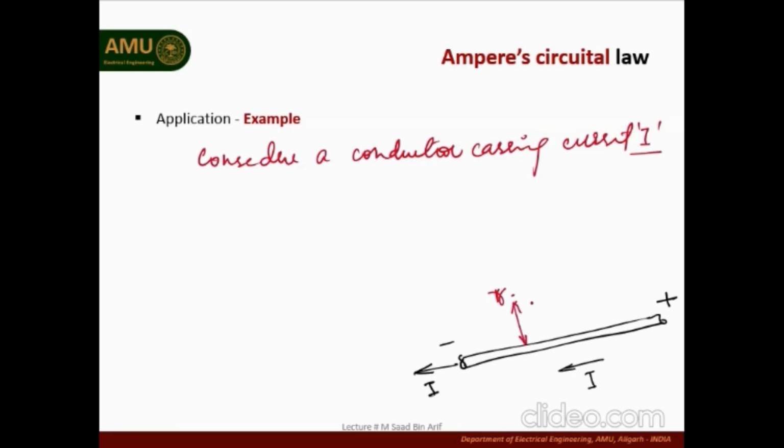If we look at the magnetic field lines, the magnetic field line will be like this. Now, we want to calculate magnetic field strength at a distance r from the wire.